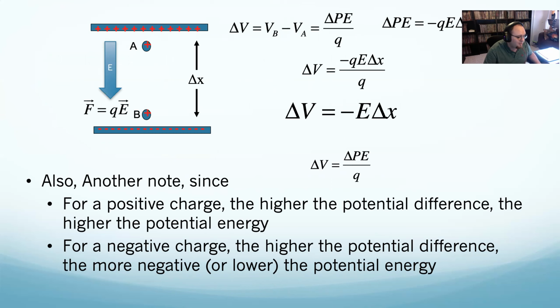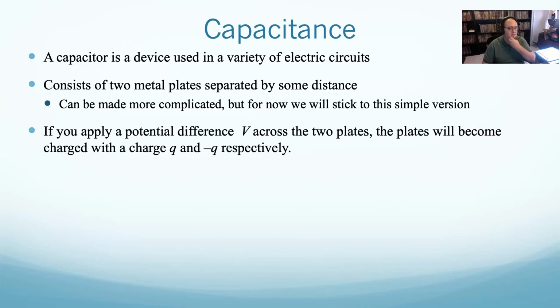And if I'm causing an electric field, I can cause a potential difference. So if you apply a potential difference, you can force the charges to be different, and then you can take away the potential difference, and it will stay there.